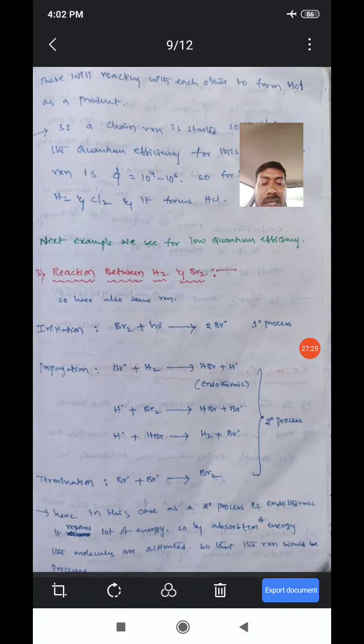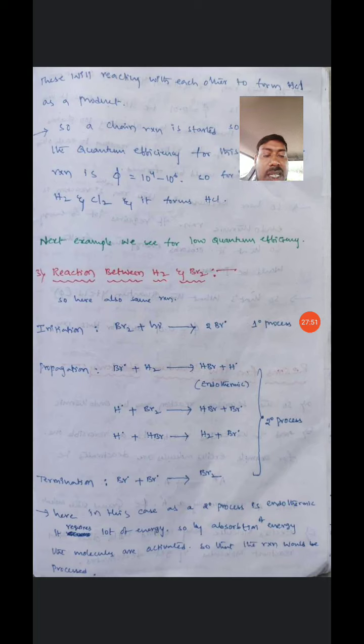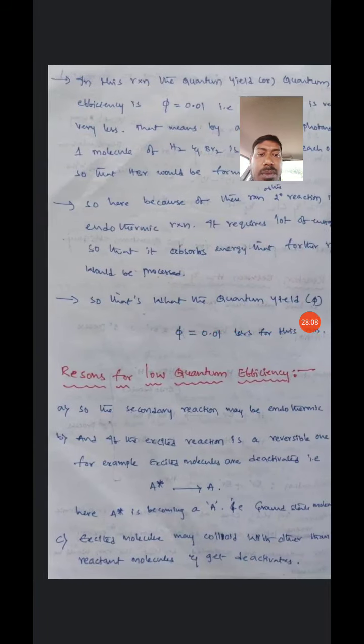So in this case, the secondary process is an endothermic reaction. It requires a lot of energy, so by absorption of energy the molecules are activated, so that the reaction can proceed.